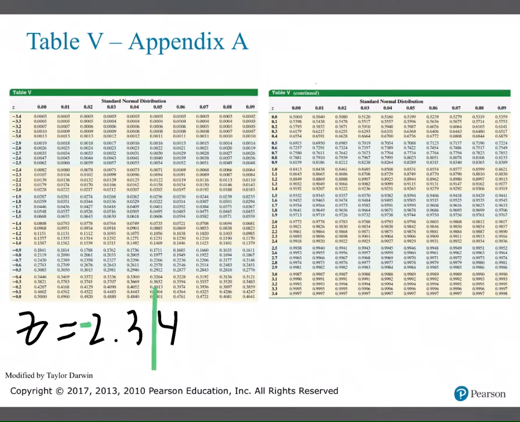That negative 2.3 is again this column. So I'm going to go to negative 2.3. It's right there. And then I'm going to go to 4 right here, and find where they intersect. And it's 0.0096.